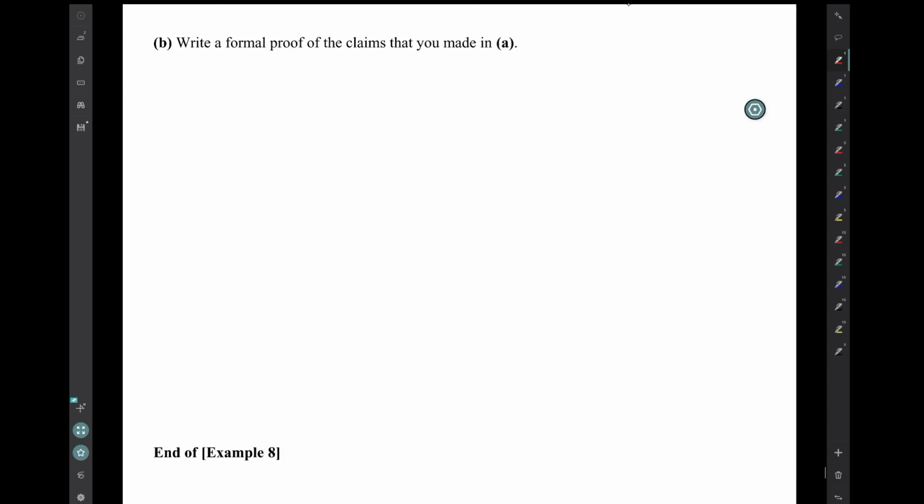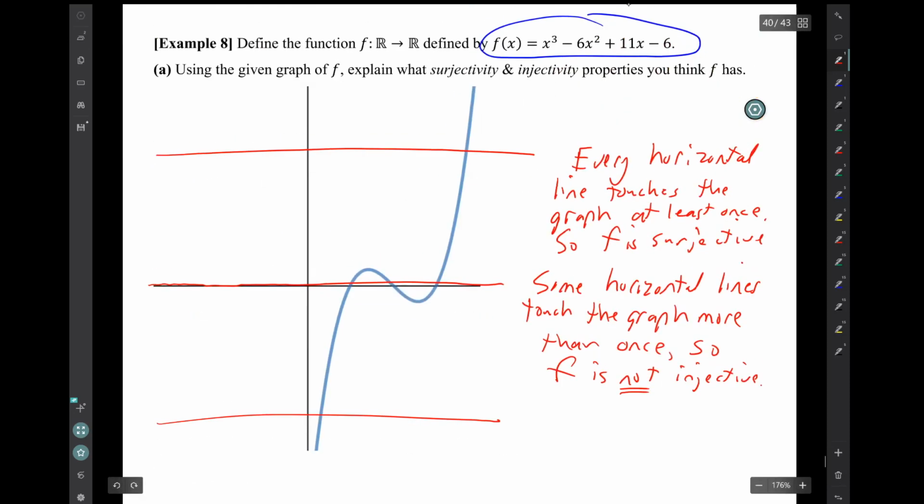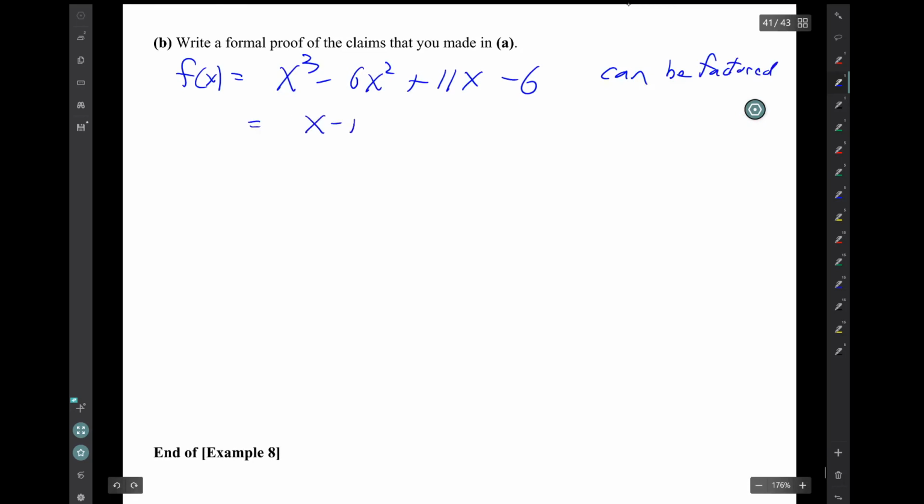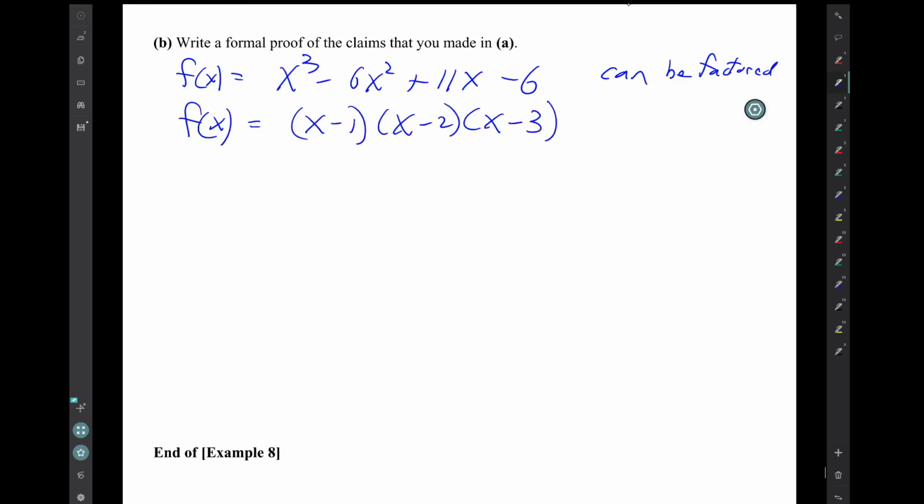Well, I'm not going to do this completely, but I'm going to point out that this function, x cubed minus 6x squared plus 11x minus 6, can be factored. So the factored form makes it easy to see the x-intercepts.